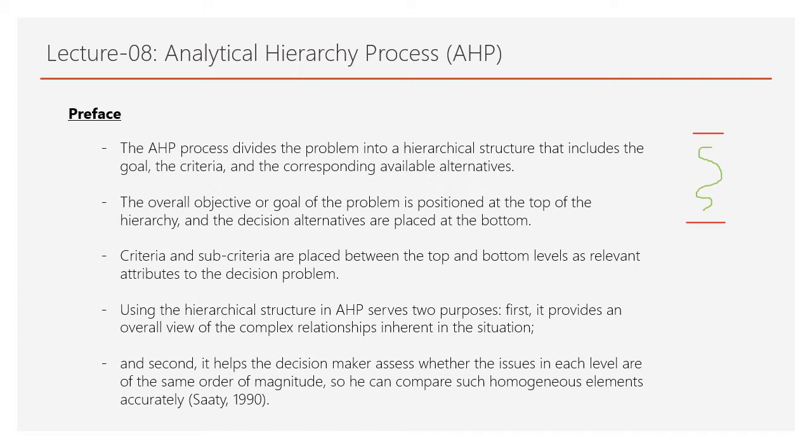It just gives an overall view of the different criteria and alternatives and how they are affecting each other, and also it helps the decision maker assess the issues in the same level or having the same magnitude. Okay, so as to ensure homogeneity in the analysis.